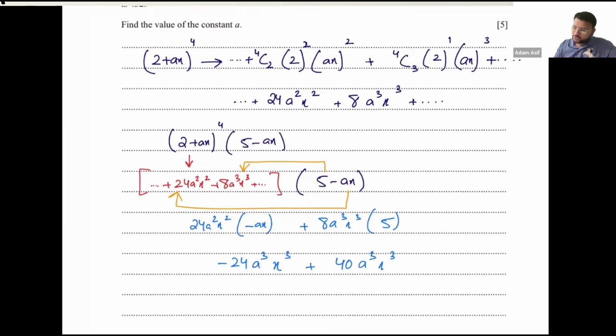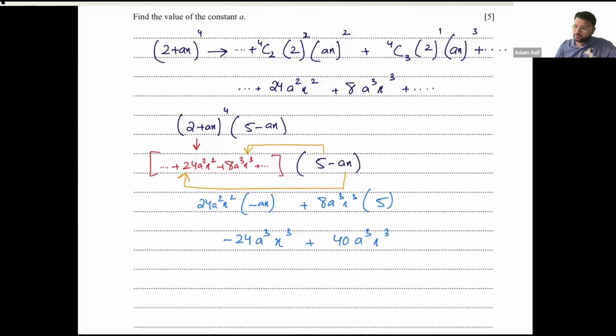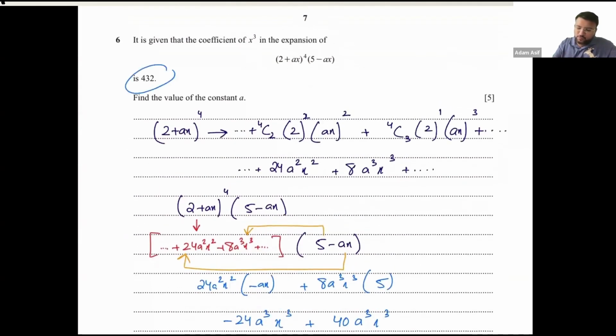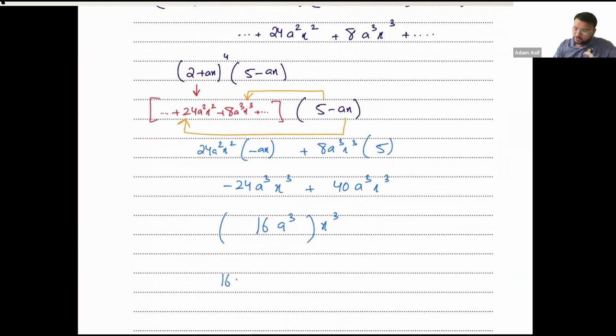So what is the coefficient of x cube? The coefficient of x cube is minus 24 plus 40, that is 16a cube. And the coefficient of x cube was given in the question to be 432. So I'm going to equate this value to 432 to get the value of a.